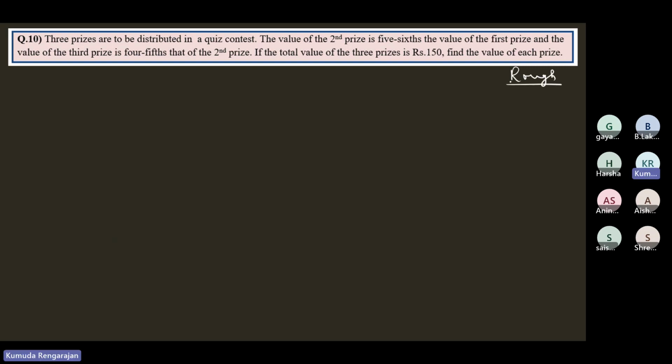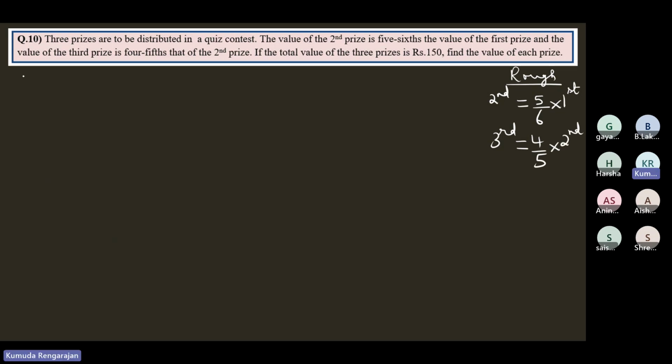Okay. So read: second prize is equal to 5/6 of the first prize. That's what is given there. And the third prize is equal to 4/5 of the second prize. This is what is given.